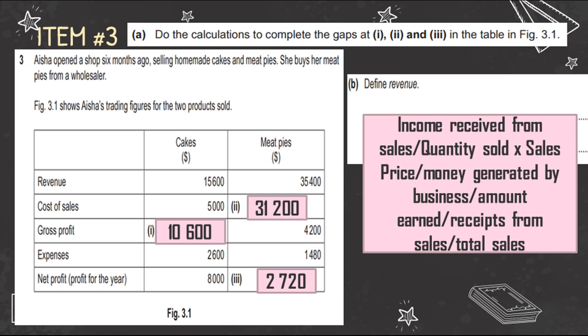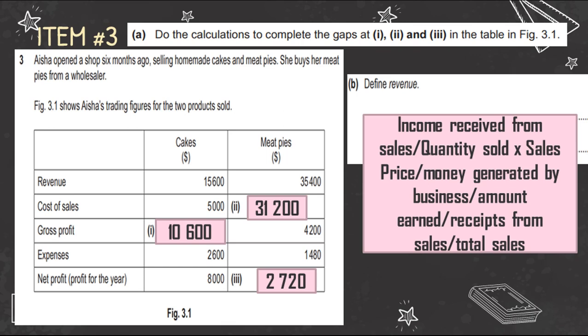Again, how are you going to compute the net profit? Gross profit minus the expenses. How are you going to compute the gross profit? Revenue minus the cost of sales. And if you're going to define revenue, it is the income received from the sales, or simply quantity sold times the sale price.